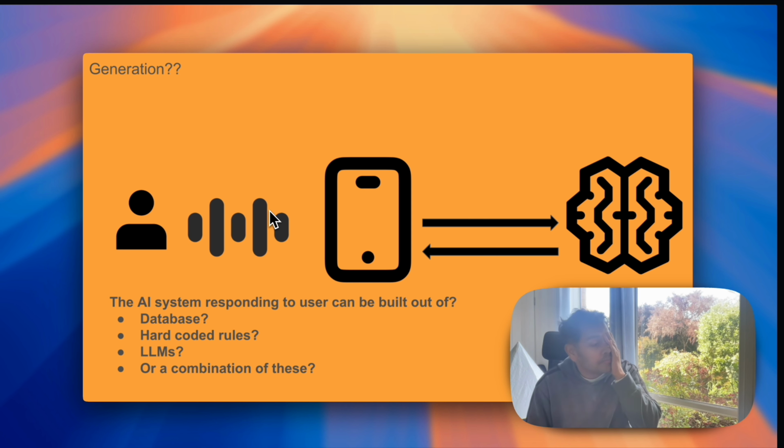Now, the question that arises, where the whole systematic diversification or systematic changes come in, is that the AI systems which are responding to the user can be built in multiple ways, right? Previously, in pre-2020, most of them had a database as a backend. We had some hard-coded rules, and then since the GPT 3.5 era, we have these large language models who are here to help us make this user experience really good.